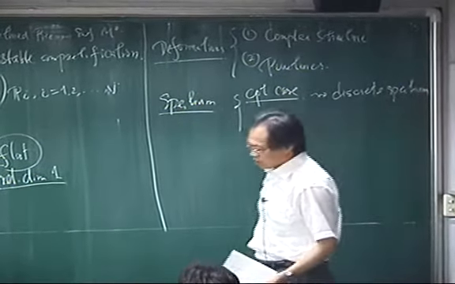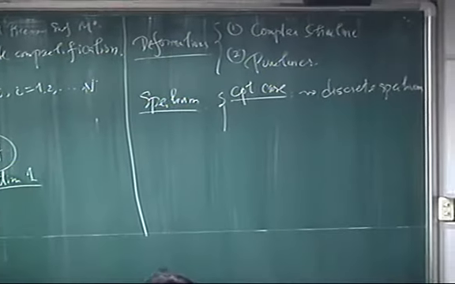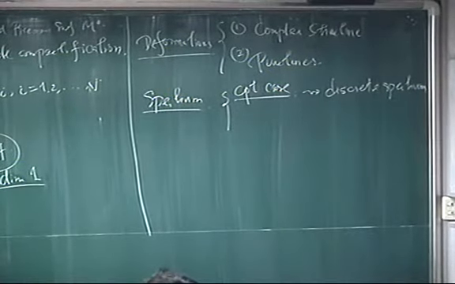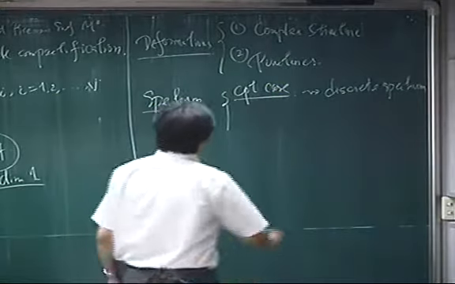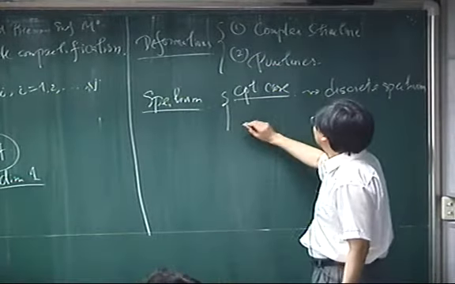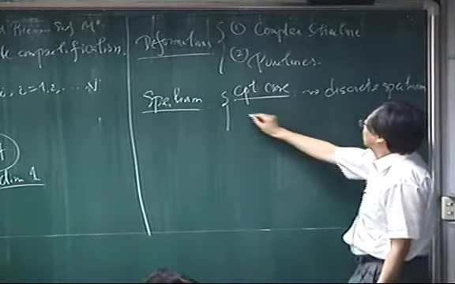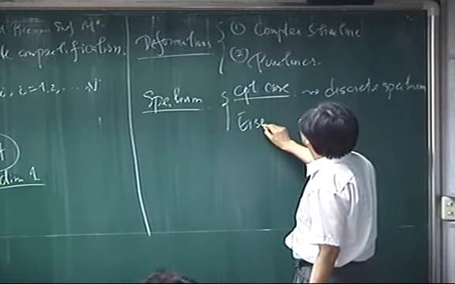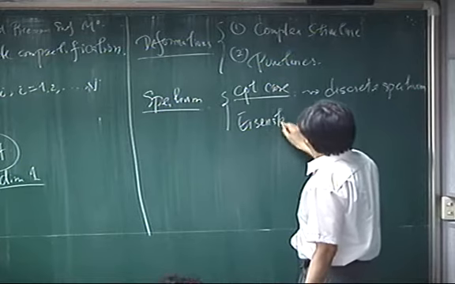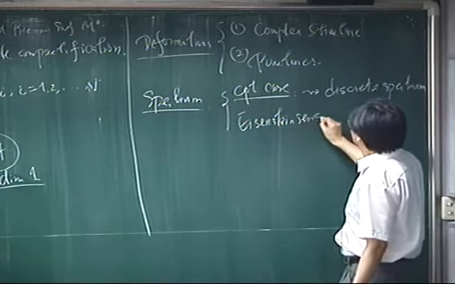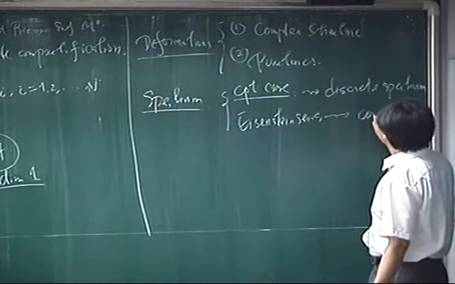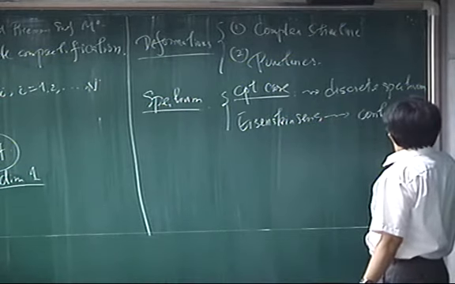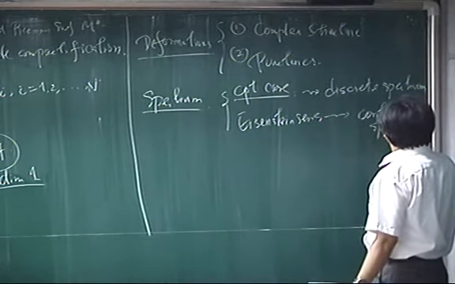And the punctures, where all the problems come, you measure that one by using so-called Eisenstein series. This is the so-called continuous spectrum.